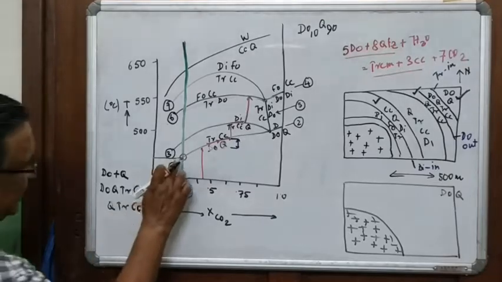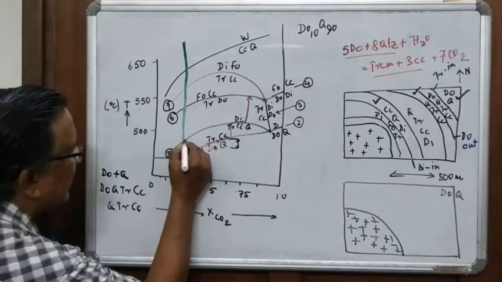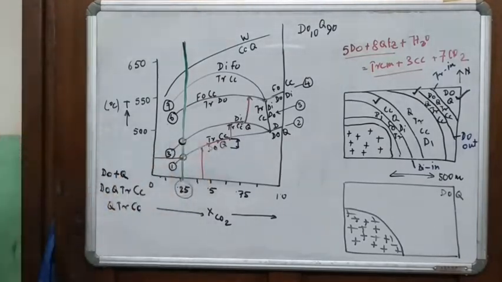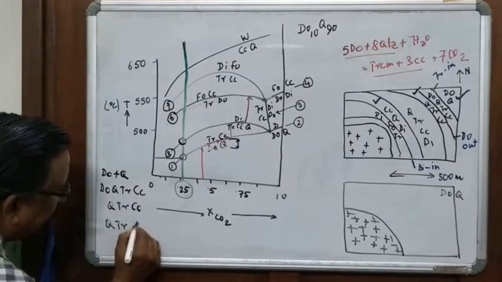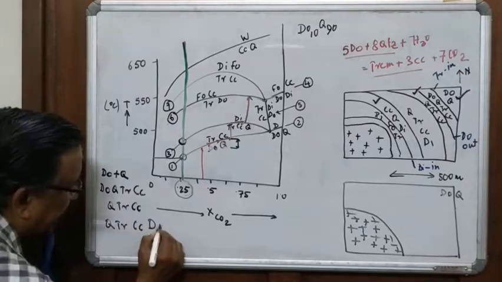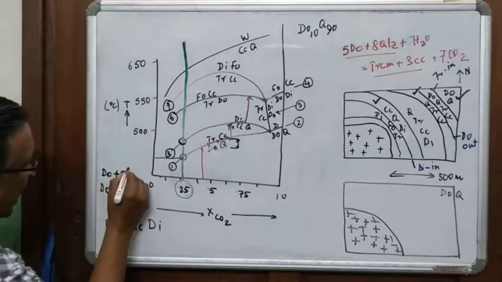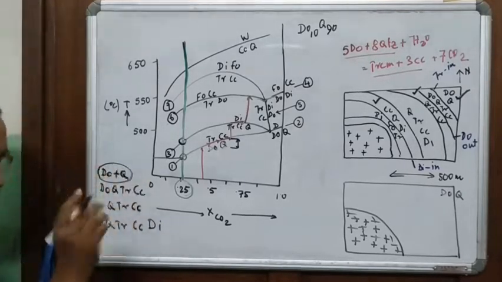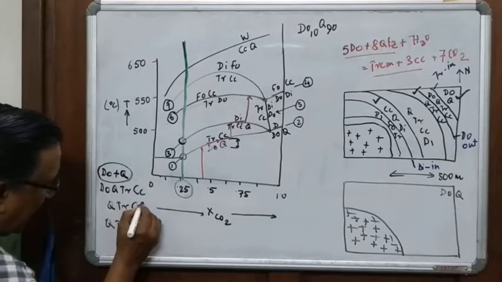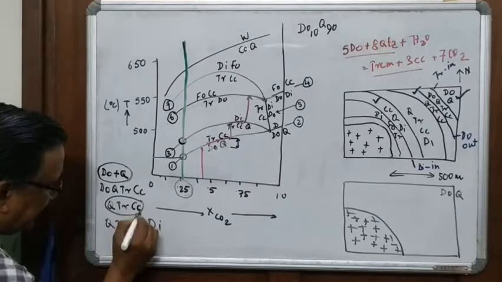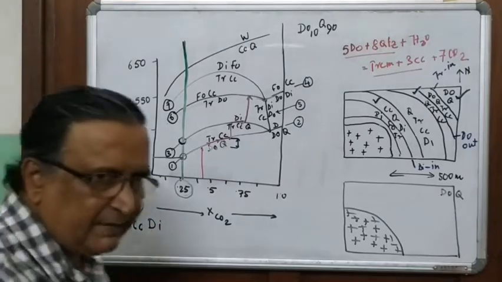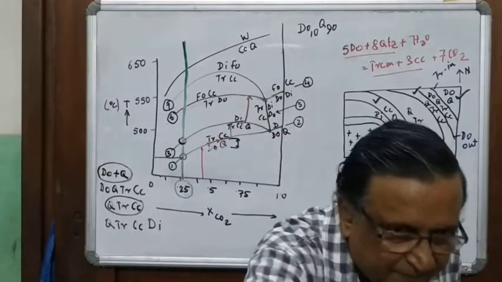So now once you have quartz, tremolite, calcite at this temperature, there will be a reaction and you will produce quartz, tremolite, calcite, CO2. Again you see a high variance assemblage, smaller number of phases, then low variance assemblage, then high variance assemblage, low variance assemblage. Again the same thing happens.